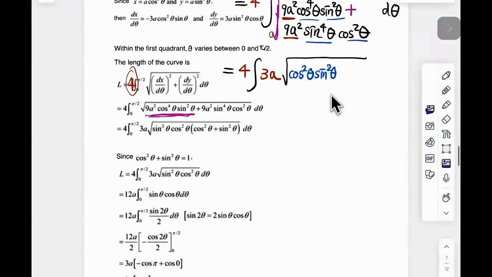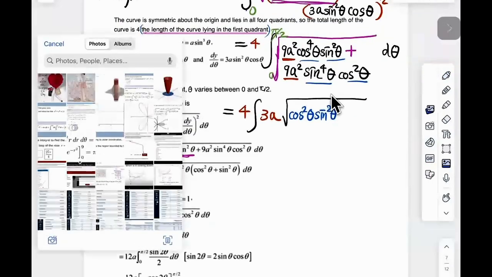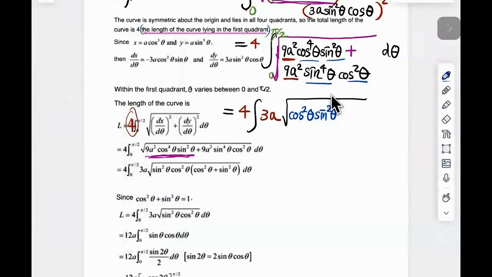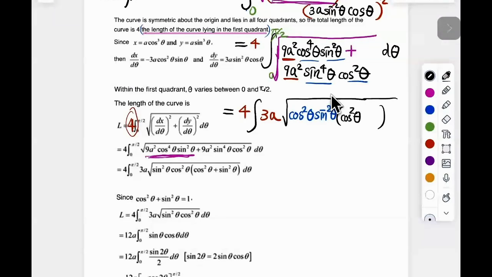And then what do we have here? If you take out cosine squared, I have another cosine squared left, right? And then adding, for that one we have sine squared left, right? And there's a d theta. Theta goes from 0 to pi over 2.